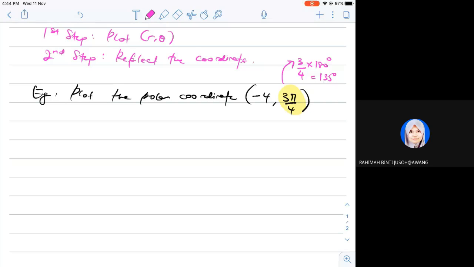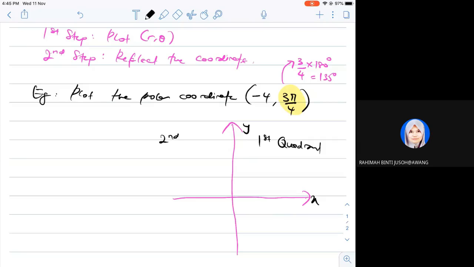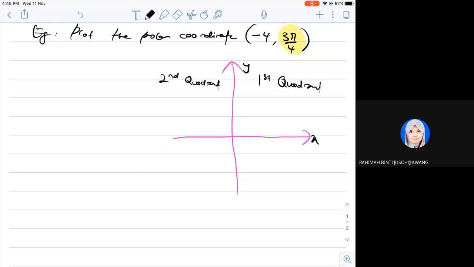So if I ask you, where is the position of 3 pi over 4? Let's say we have this, this is the axis, X and Y. This is the first quadrant, second quadrant, third quadrant, and fourth quadrant.